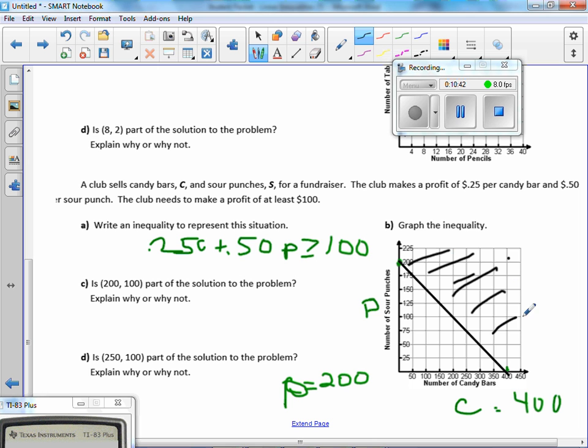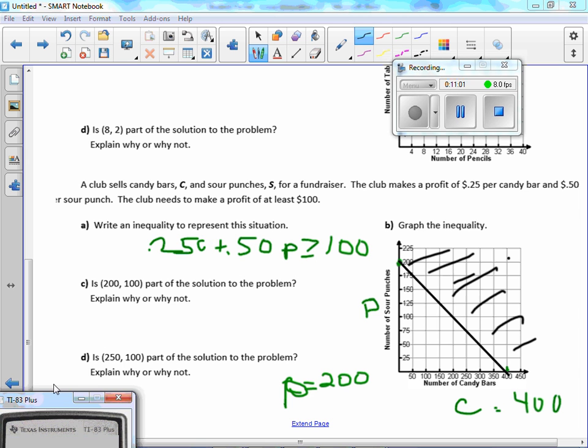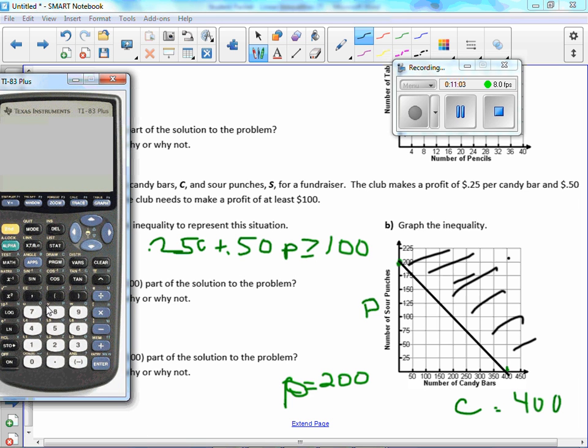Let's look at our questions. Is 200 and 100 a part of the solution? So we go over 200 here and up to 100. Looks like it's right on the line, okay? So if you want to be sure, just put the value in, put 200 in for C. So you have 200 times 0.25, and that's 50.